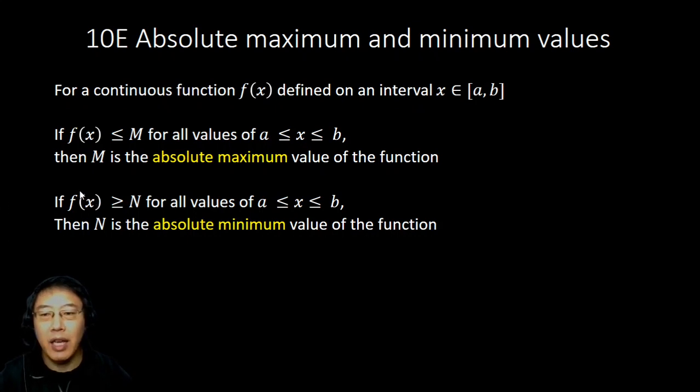Now if f of x is above a certain other value for that interval, that is the opposite, the absolute minimum. So here the key term is absolute. It means that it's over that whole interval.